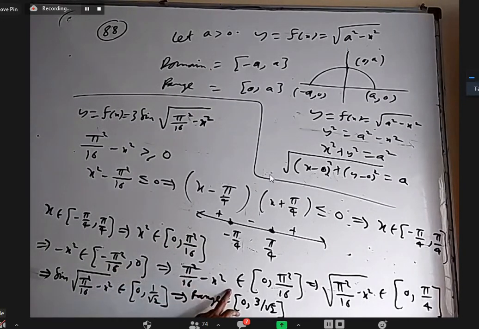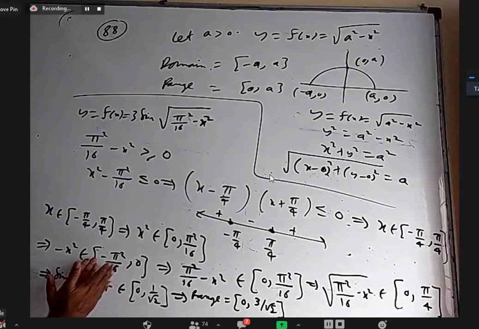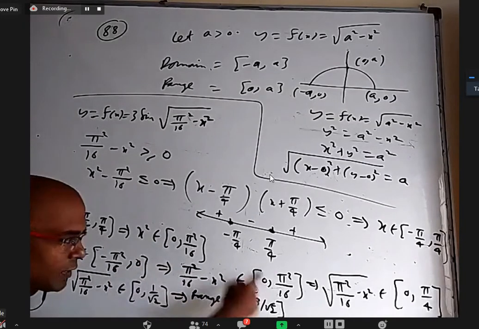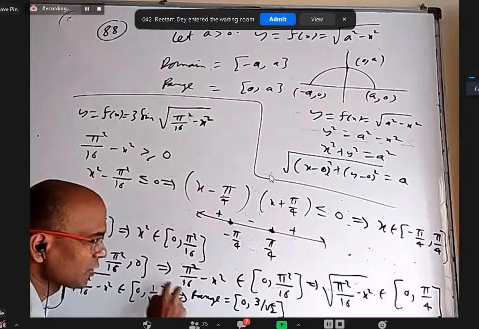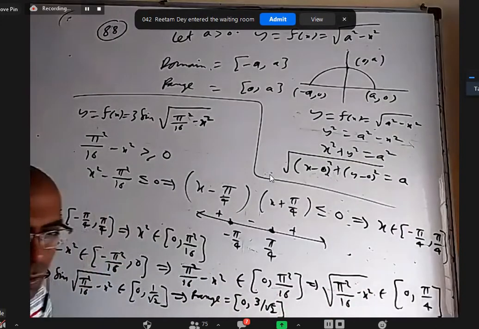From here to here, what I have done for minus x square, I added pi square by 16. So I added pi square by 16 here, here, here. Yes, sir. Okay. So if this is between from here to here, when you add pi square by 16, this became 0, this became pi square by 16. And if something is between 0 to pi square by 16, root of that will be between what to what?